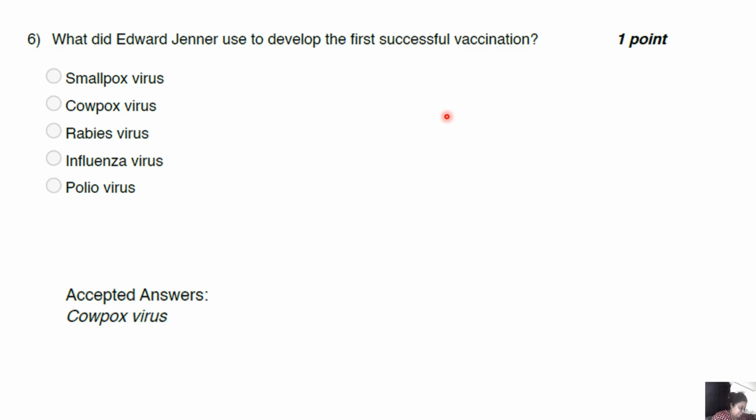Option D is influenza virus, a vaccine developed in the 20th century, much later. Then option E is the polio virus, with vaccines developed by, I think, Jonas Salk and Albert Sabin. So the correct option here is cowpox virus. Now we'll discuss the story of the first vaccination. It should be fascinating.